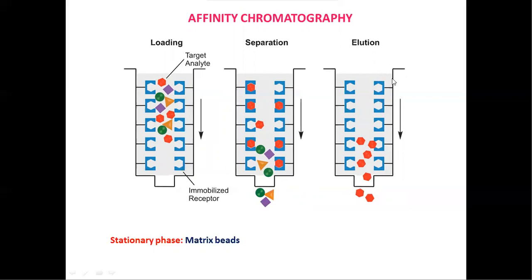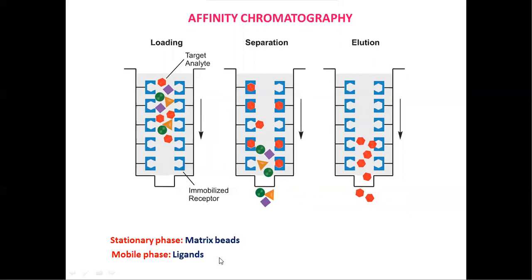After adding more mobile phase, these components also will be separated as the second eluent. So here we are using a solid stationary phase, a matrix base which has a specific affinity towards specific components.